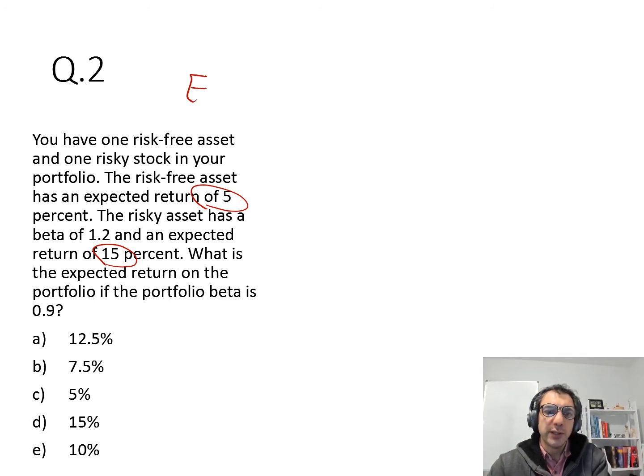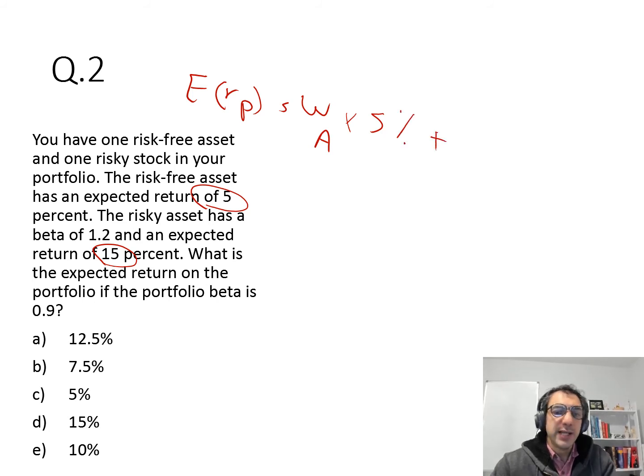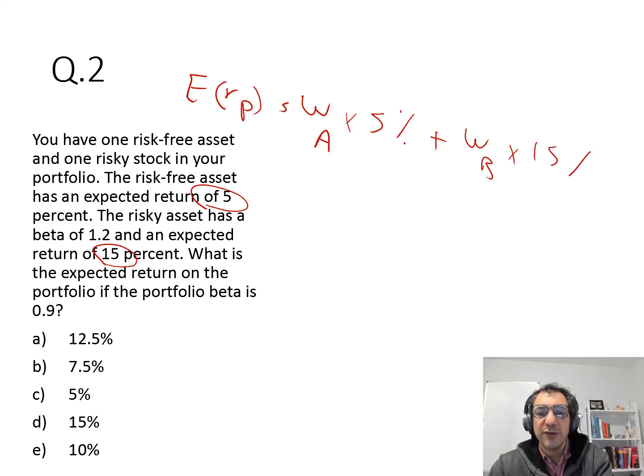So if you're talking about the expected return on a specific portfolio, it should be the weight of asset A, so let's assume asset A is your risk-free asset, times 5% plus the weight of asset B, so WB times the expected return on asset B, the risky asset, which is 15%.